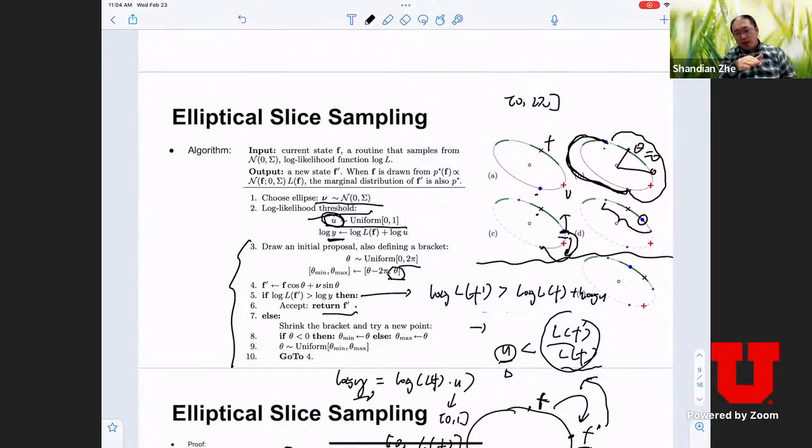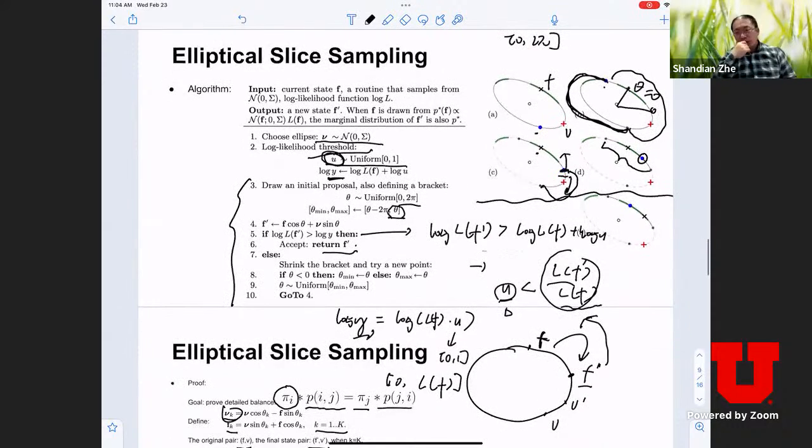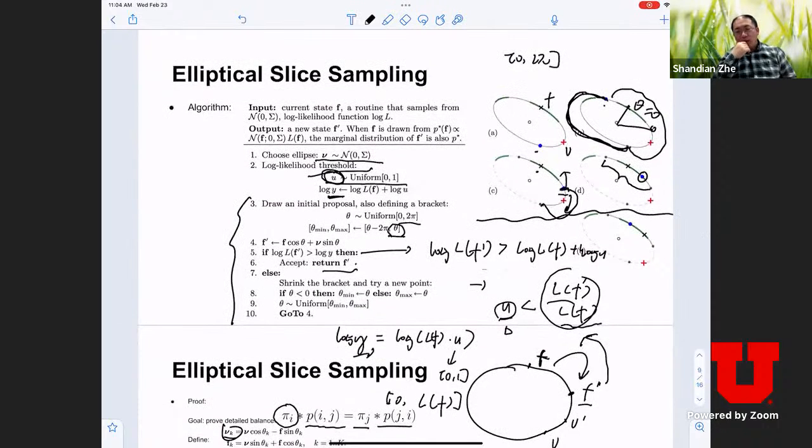That's why they set theta min to be theta. That means you want to draw a new sample on the right of the proposal. Does it make sense? I think I finally got their idea of why they set theta min to be theta when theta is less than 0.